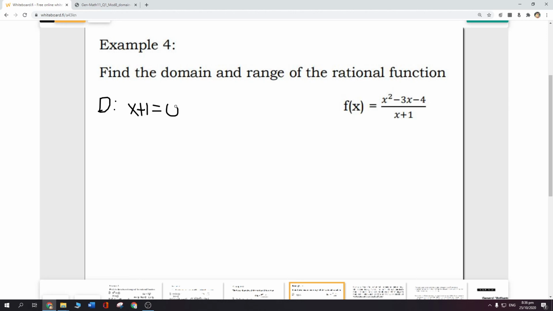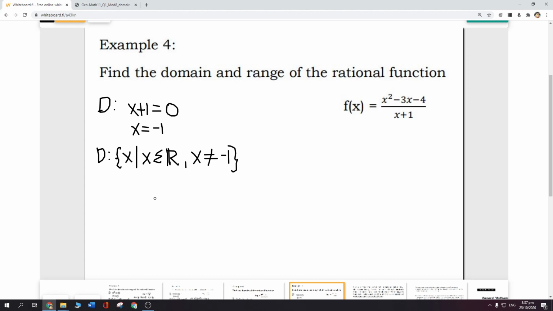Equate that to 0, then solve for x. We have negative 1. Therefore, our domain in set builder notation is x such that x is an element of real numbers wherein x is not equal to negative 1.